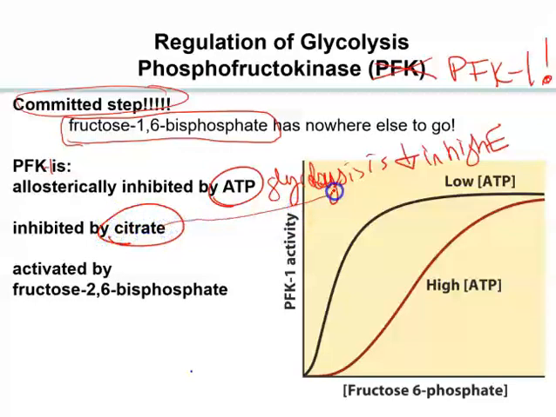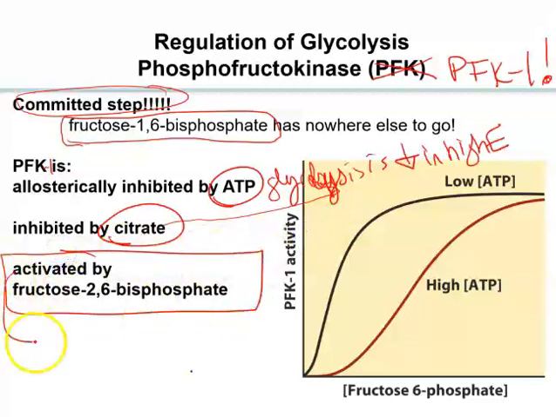So again, glycolysis is inhibited in high energy situations in the cell. So when we have enough ATP, when there's high levels of citrate because the TCA cycle can't run fast enough, we then have enough ATP and we don't need to any longer run glycolysis. So we'll shut down PFK1.